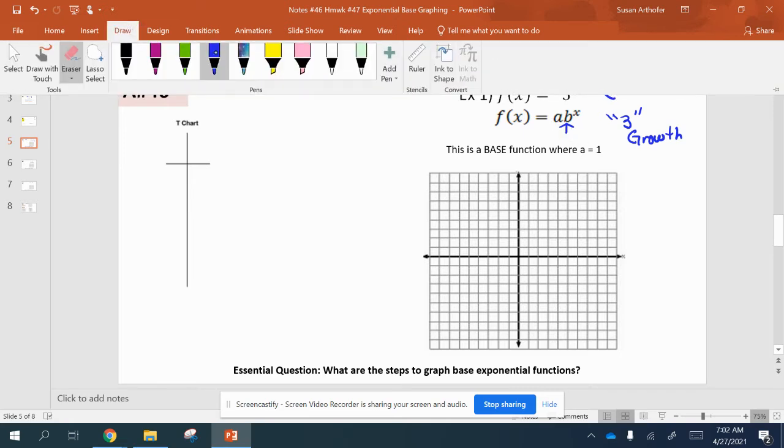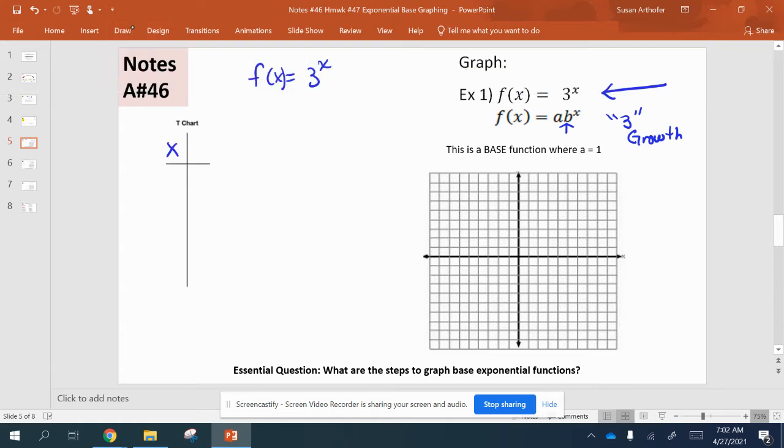Let's get started with drawing our t-chart. So we have x and y. I told you what to pick for the x. We're going to pick numbers next to 0: 0, 1, 2, 3, and 0, -1, -2, -3. Then we plug it into the x, and out will come y.